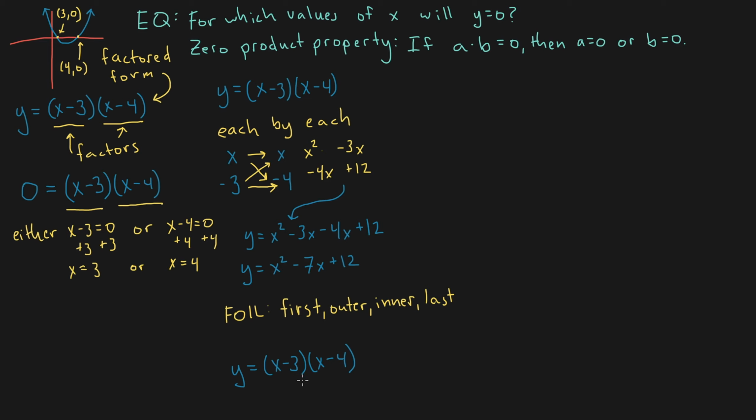Remember that the factor is the stuff inside the parentheses, and then the terms are the individual parts inside of the parentheses. So if I multiplied the first terms, that would be the x and the x, which would multiply to x squared. And then my outer terms would be the x and the -4, like that.